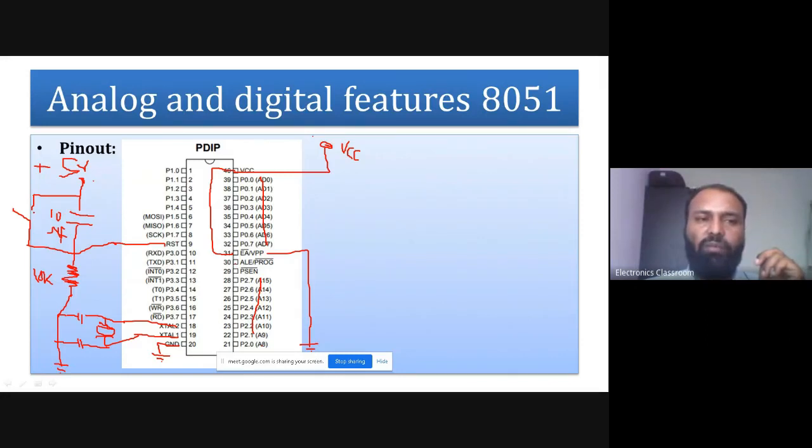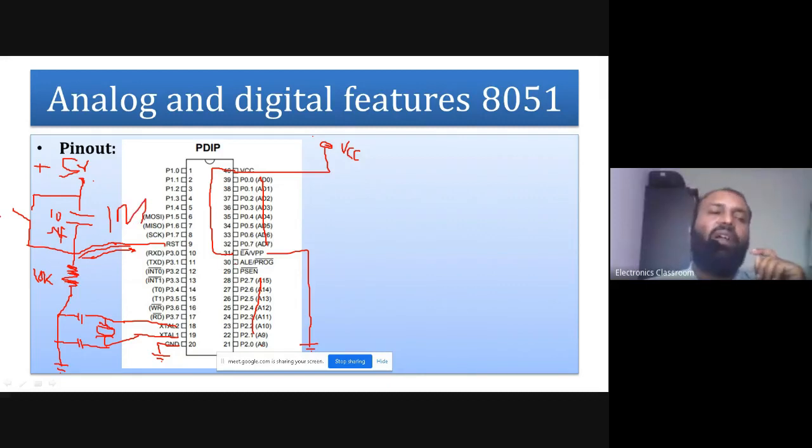Whenever we press the switch, the capacitor will discharge through this switch and resistor. We have adjusted the discharge time with the values of resistor and capacitor, so that the voltage at this particular pin will be held high for one machine cycle.